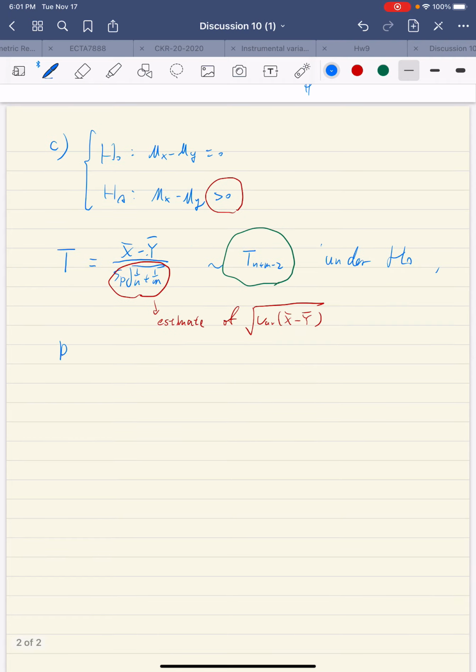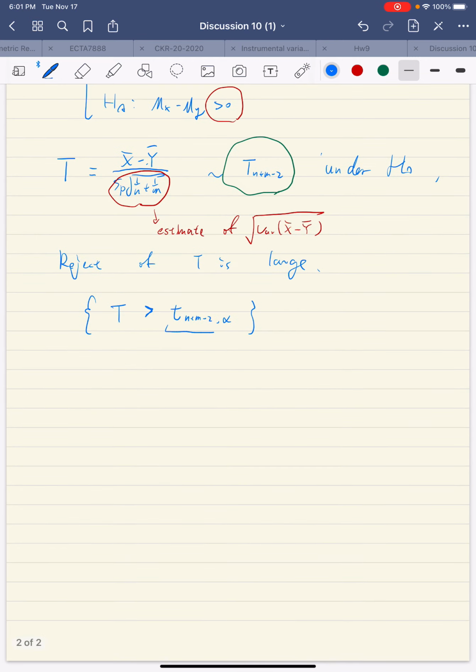So reject if T is large. Okay, and we know the distribution is the t distribution. So we will reject when the test statistic is greater than t_{n+m-2, alpha}. Okay, this quantity is the 1 minus alpha quantile for this t distribution.